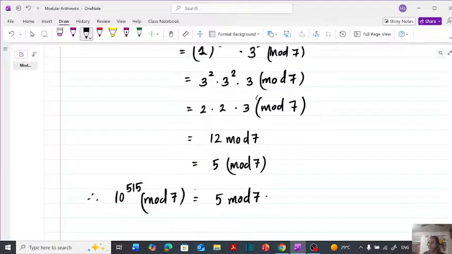Okay, so having done these two kinds of questions for your understanding, let us go further and see how to handle congruence equations and other kinds of things.